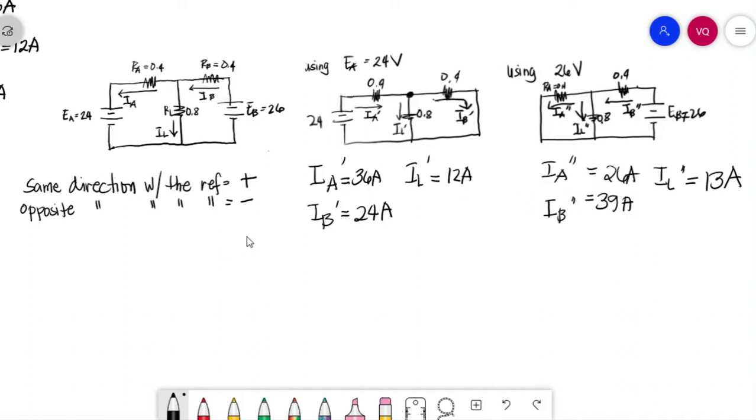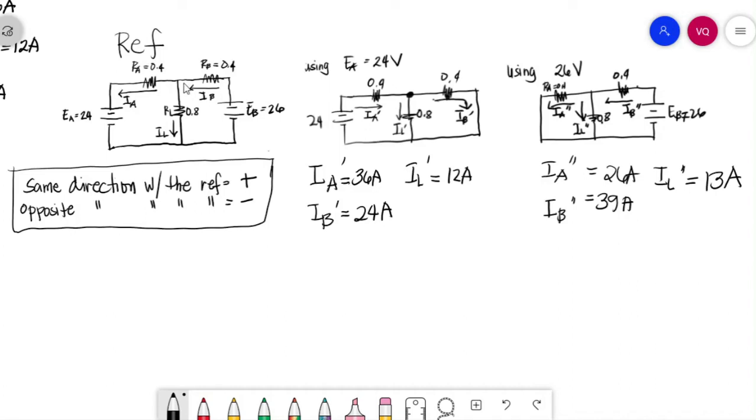Now, how will we solve the final branch circuit currents of this electrical circuit using superposition? So remember this. Note, same direction with the reference is positive or addition. Opposite direction with respect to the reference is subtraction.